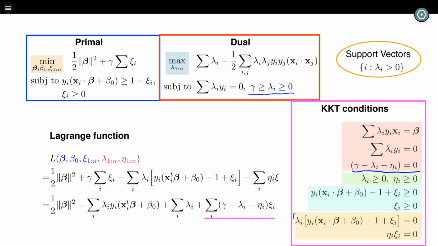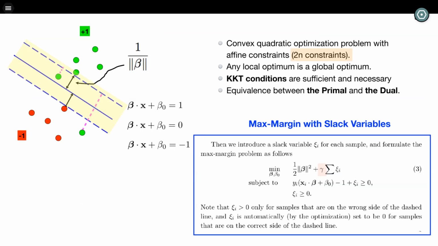So eta i is a Lagrangian multiplier for Kxt i's. What are the variables going to have Kxt i's that are non-zero? Kxt i's will be non-zero if you're either on the dashed lines or you're on the wrong side of the dashed lines. So in this case, there are 4 points, 3 green, 1 red, right?